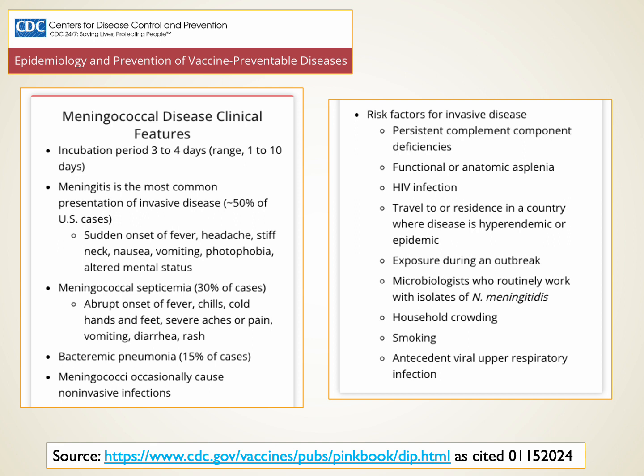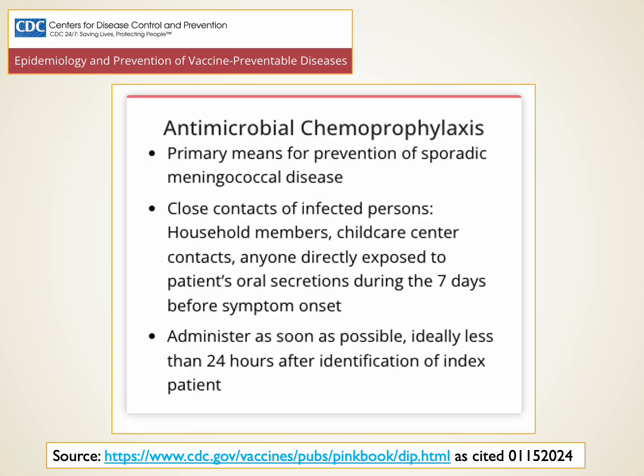There are multiple risk factors, and you can see them listed here, including housing and smoking and the nature of exposure, and whether they have a spleen, whether they have HIV, something else. So these are risk factors that predispose to a more invasive disease after exposure.